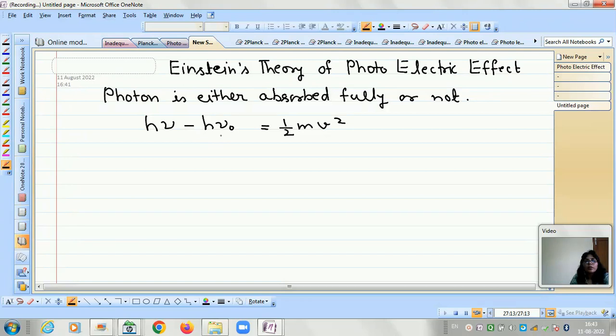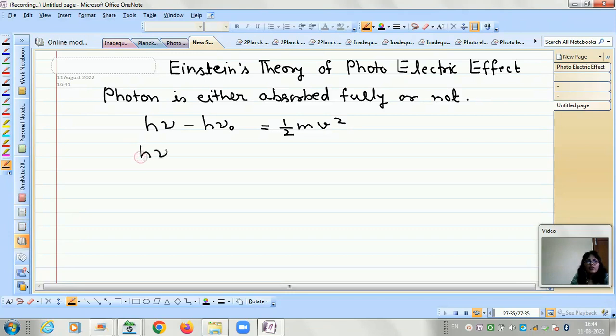If we supply only h nu naught energy, then the kinetic energy will be zero, because this whole energy h nu naught will go into the work function. But if we supply more energy, then the difference between the two energies will go into the kinetic energy of the electron.